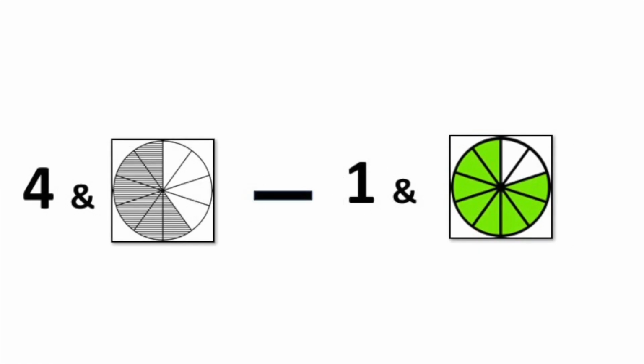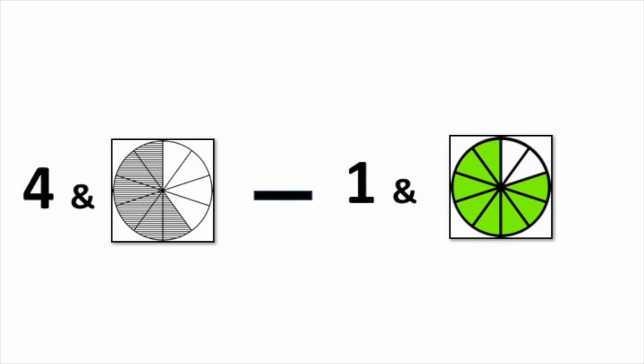The calculation looks like this. 4 whole numbers and 6 over 10 minus 1 whole number and 8 over 10. So you see, 4 minus 1 equals 3.